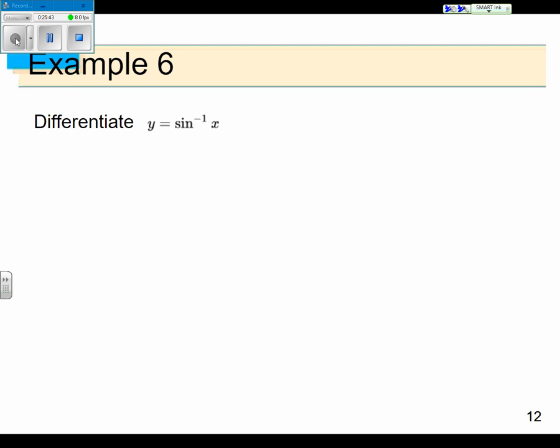comes from. Okay. So my definition of sine inverse of x equals y says that this is going to be true if and only if x is equal to sine of y. We'll just assume that everything's good on the domain. So everything looks differentiable here. Okay, so not sure how to differentiate this one.